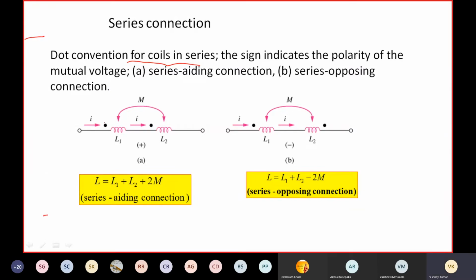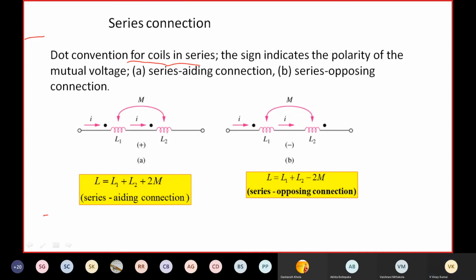Now here two coils are in series. L1 is the self-inductance of coil 1, L2 is the self-inductance of coil 2. M is the mutual inductance between the two coils. Again here also L1 and L2 are self-inductances, where M is the mutual inductance between the two coils. Here current is entering the dot terminal.